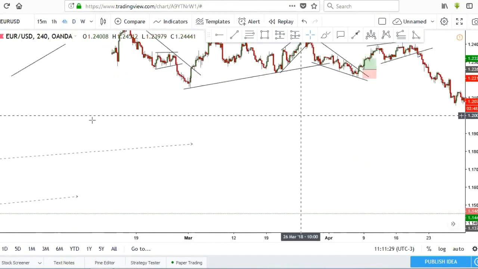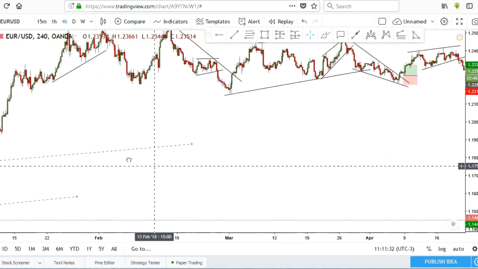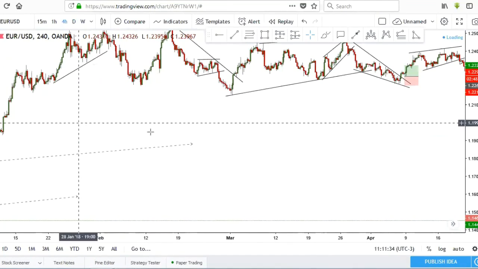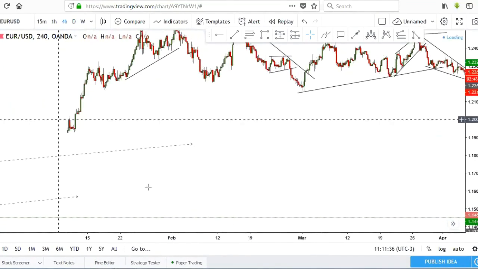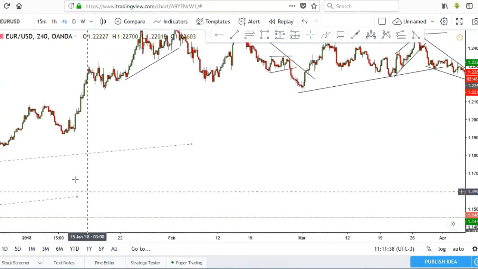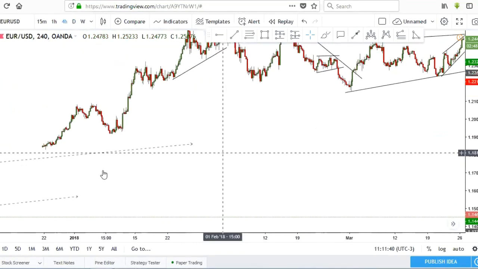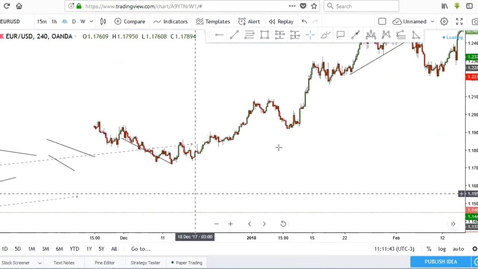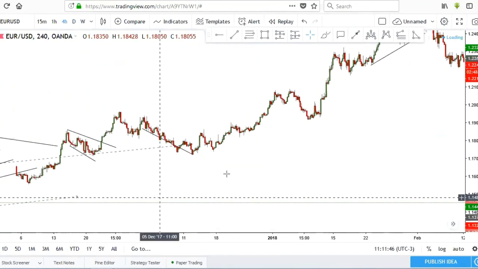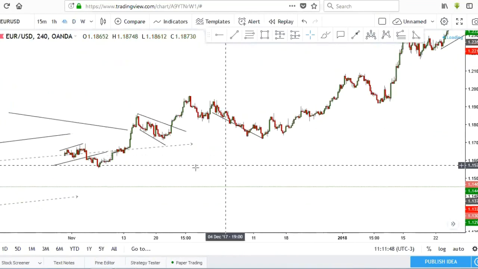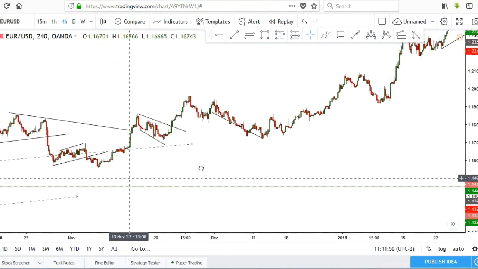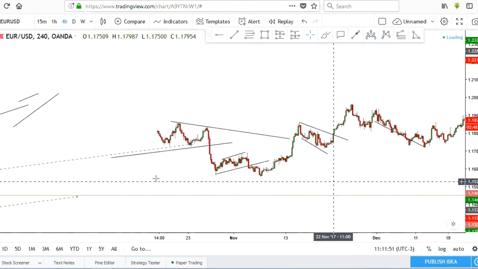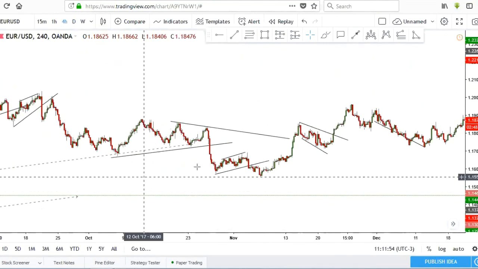So you guys are able to see how we capitalize on these reversal and continuation patterns. That's what we want to do, capitalize on these patterns. And I drew all of this from back testing, so don't mind them being messy. I was back testing when I drew all of this.